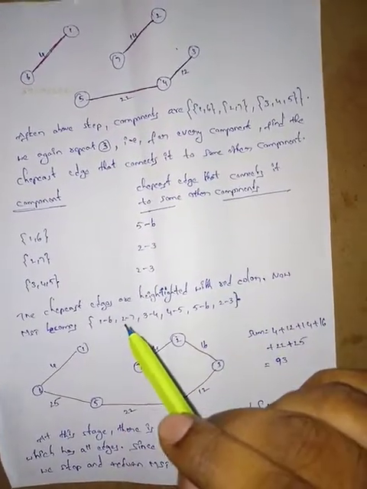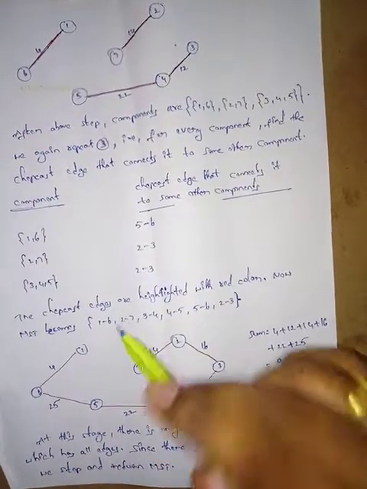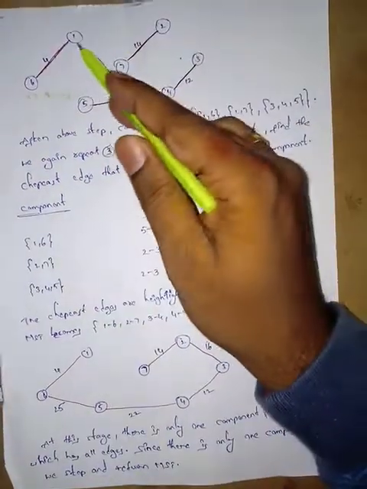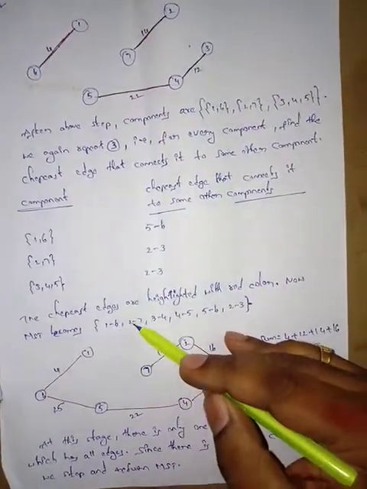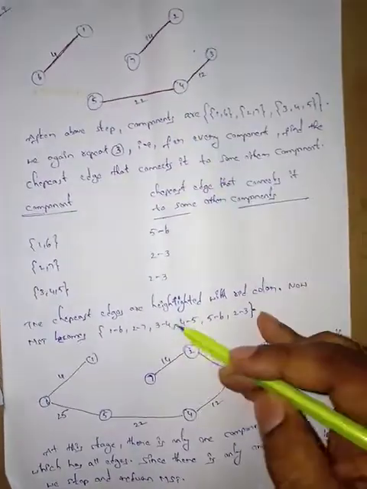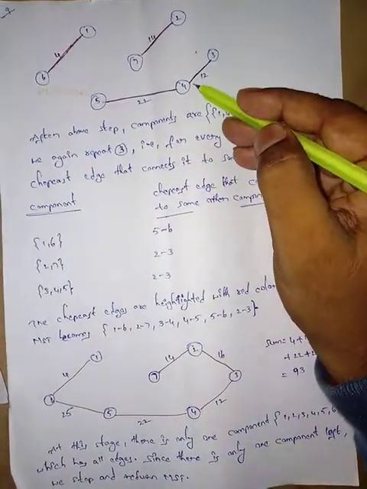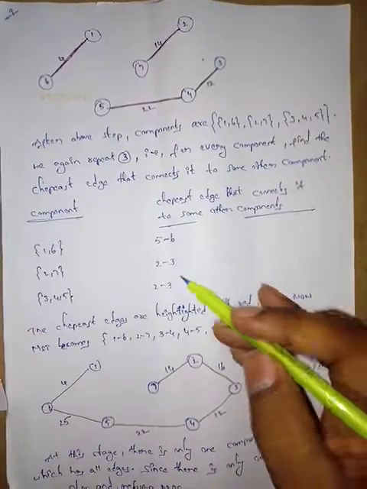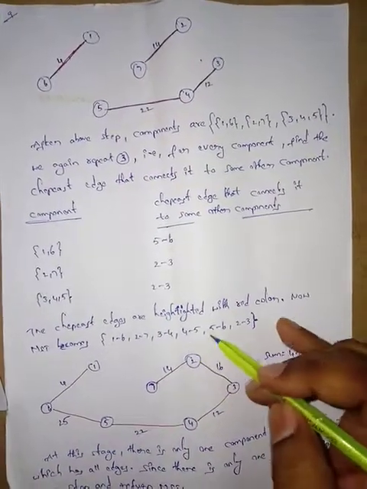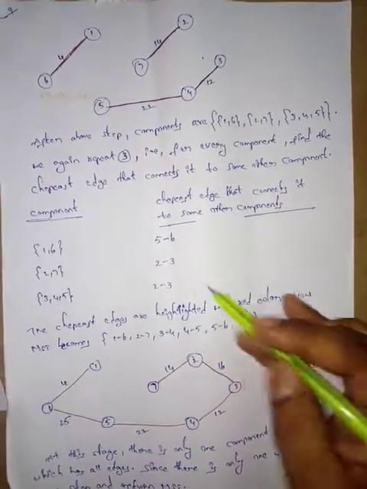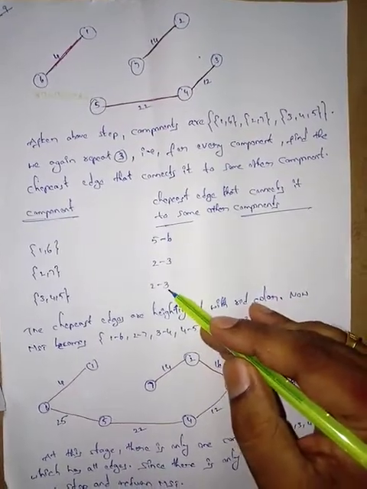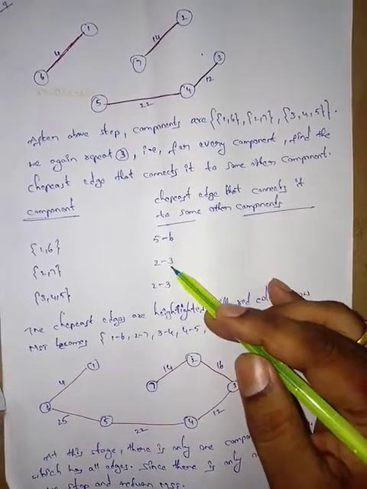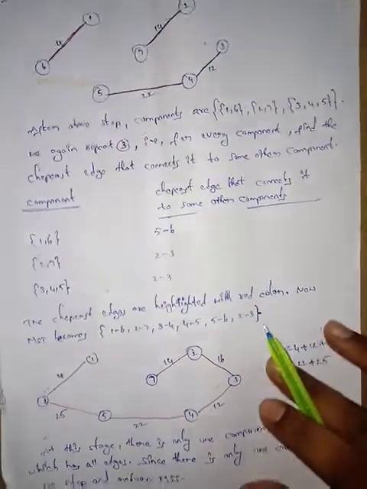Now MST becomes, already we have these 4 edges: 1 to 6, 2 to 7, 3 to 4 and 4 to 5. The remaining edges are 5 to 6 and again 2 to 3. So 2 to 3 is repeated here, and we take only these 2 edges, 5 to 6 and 2 to 3.